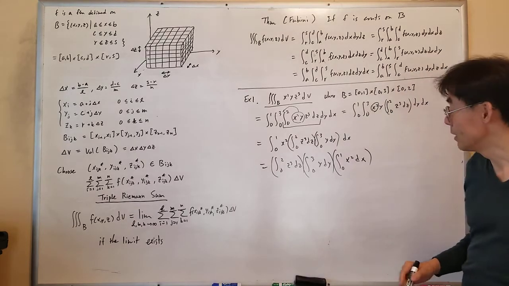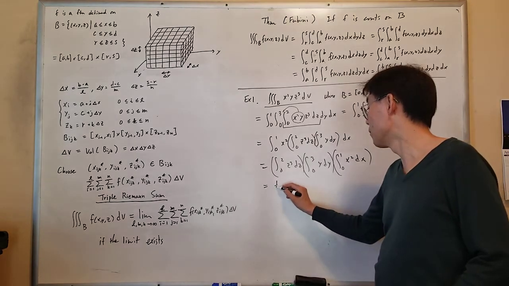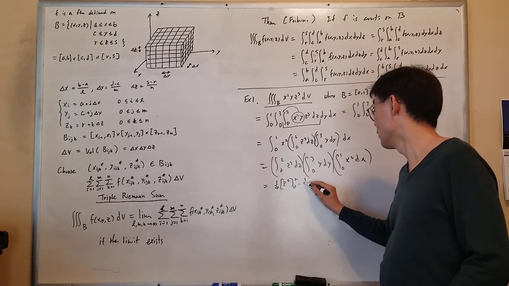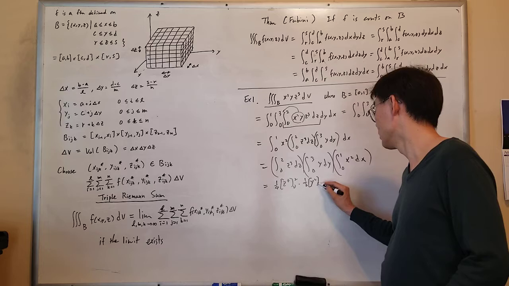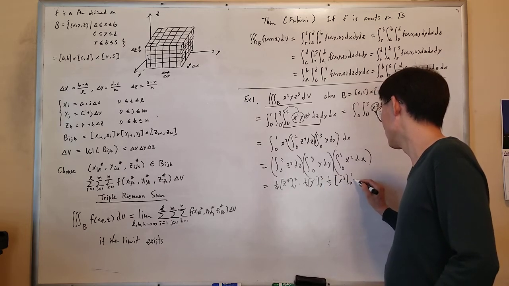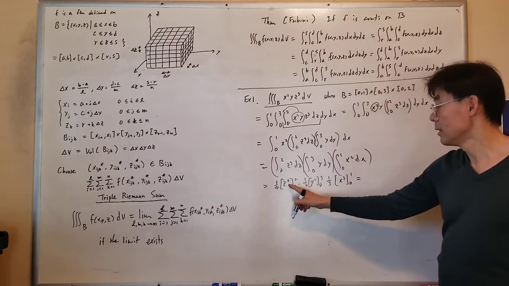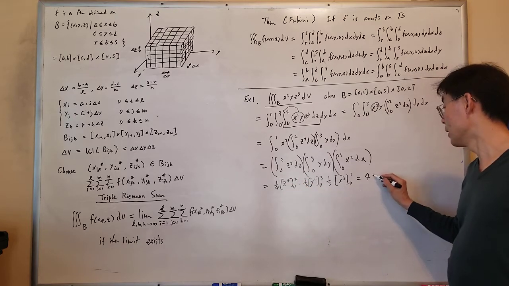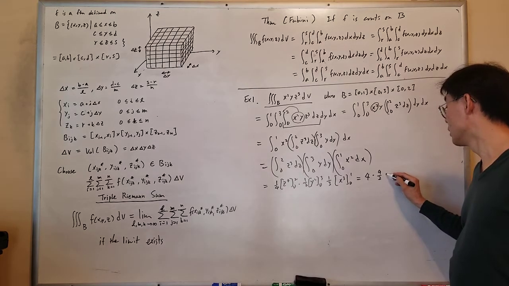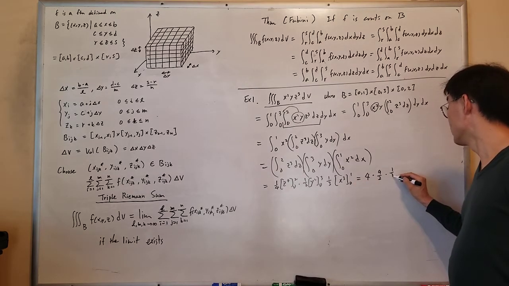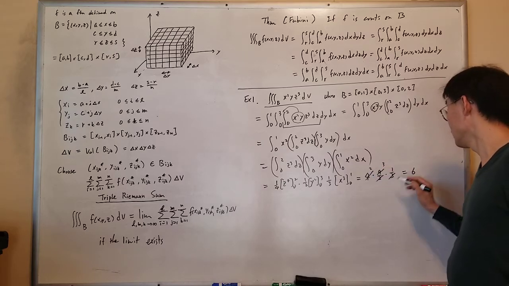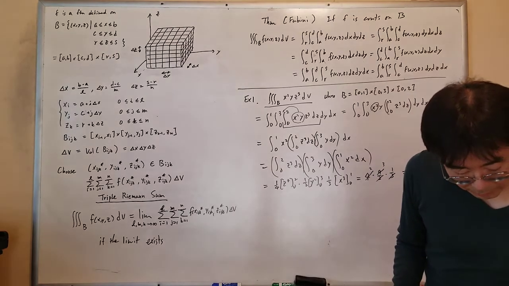So this is 1 over 4 z to the fourth, 0 to 2. 1 over 2 y squared, 0 to 3. 1 over 3 x to the third, 0 to 1. 16 over 4, so 4. 9 over 2. 1/3. 3, 3 cancel. 2, 2 cancel. It is 6. Okay?